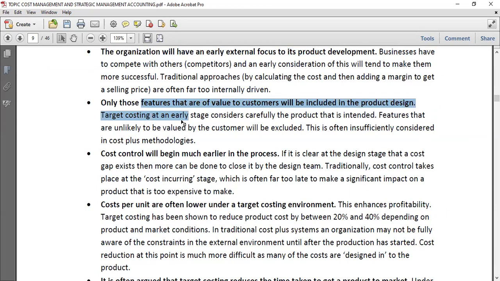And then we also have only features that add value to the customer. Remember, we say that anything that does not add value to the customer, we remove to make sure that we are cutting our costs, okay? Cost control will begin much earlier in the process. Remember, we start at the design stage, which is much easier than launching and then trying to cut costs, okay? So we're able to manage costs at an earlier stage, okay?